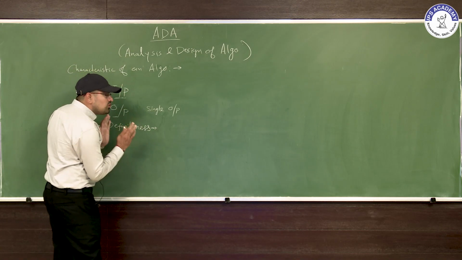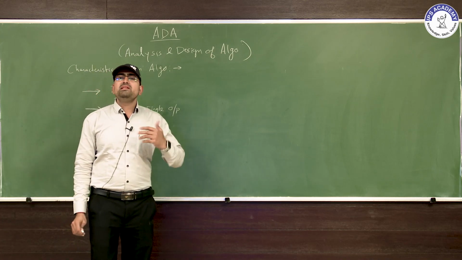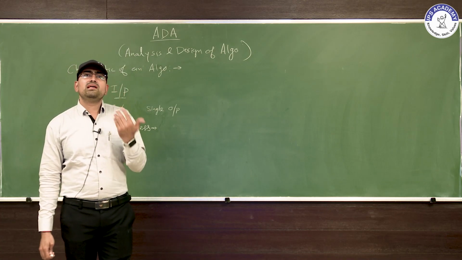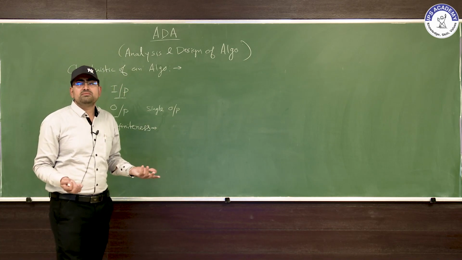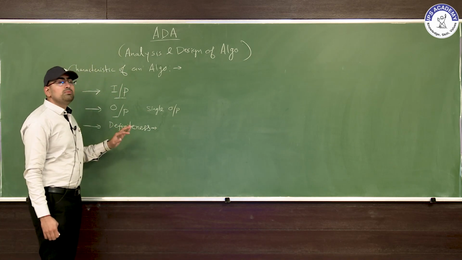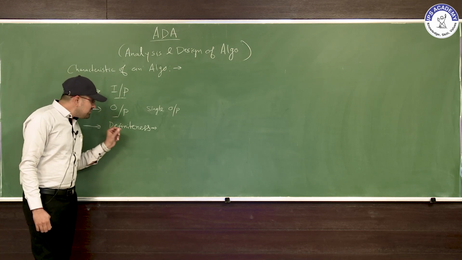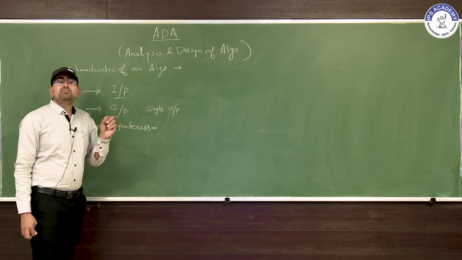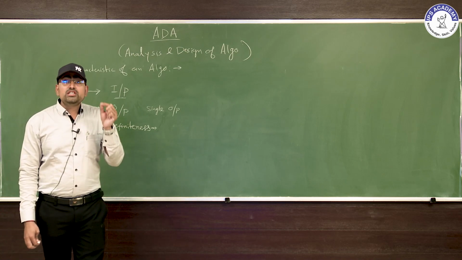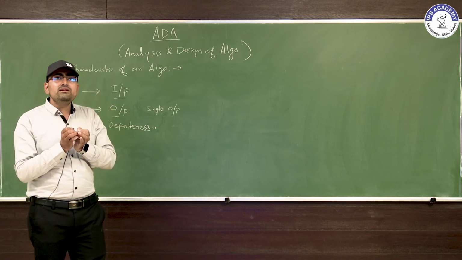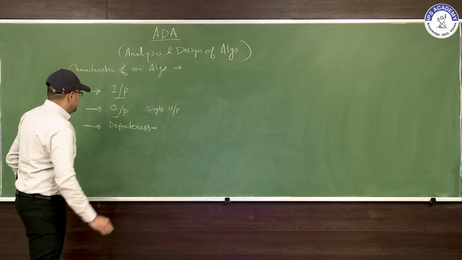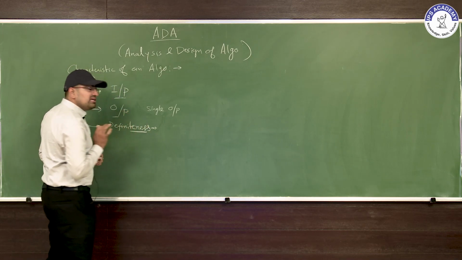That means there should not be any kind of ambiguity. Like many times, if we talk about the language, we say something and some person may understand something else. But here there is no scope for such a thing. So your algorithm must be definite. That means it must be unambiguous. It should lead to a single meaning only, so that the compiler understands it and executes it properly, right? So there must be definiteness in the algorithm.